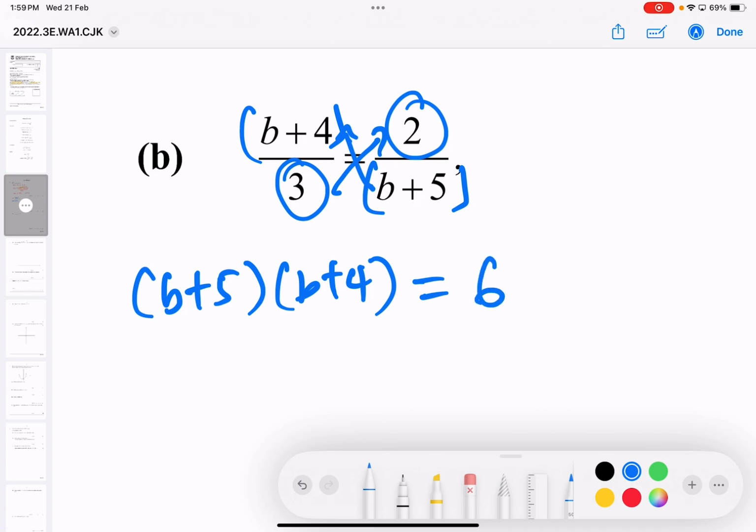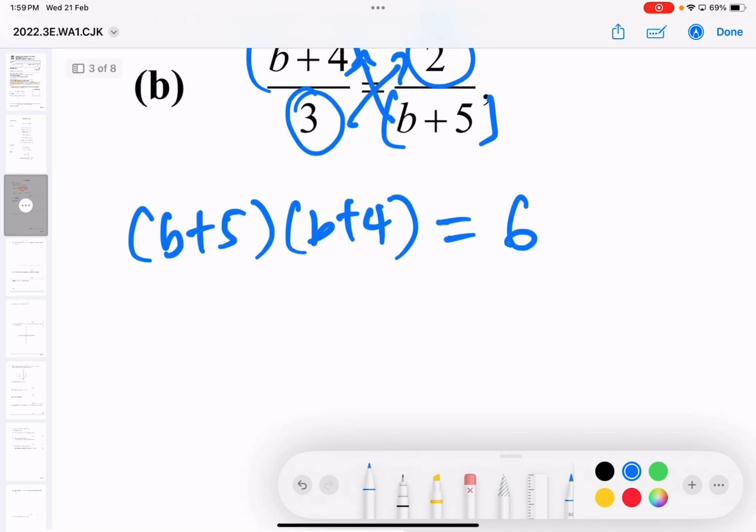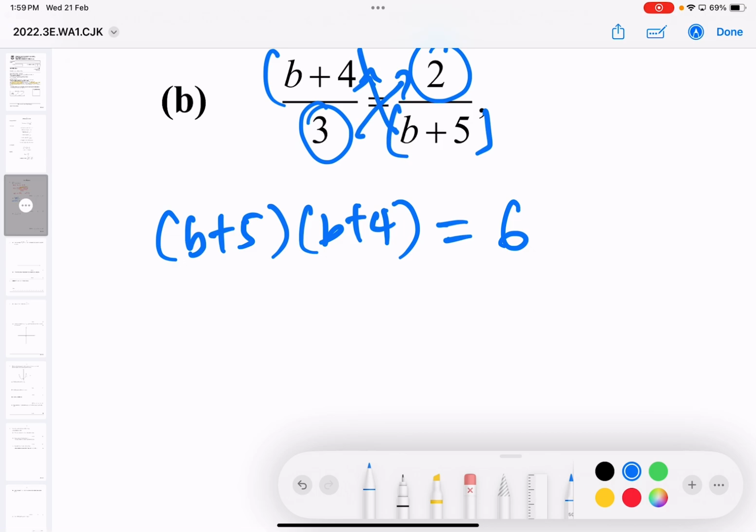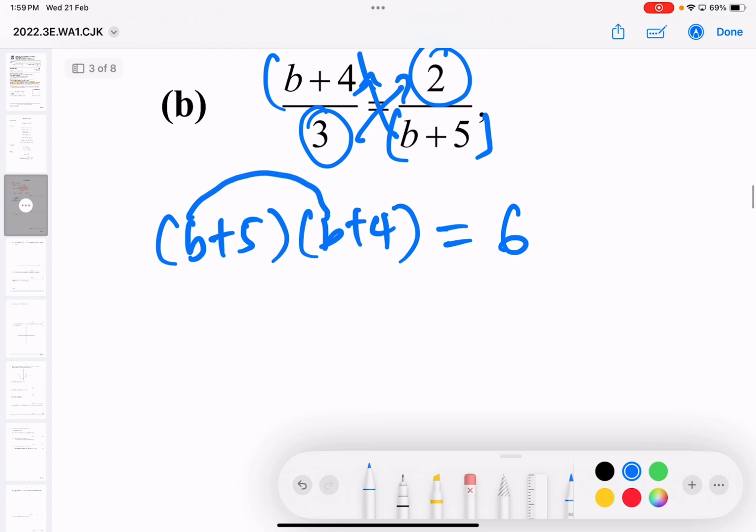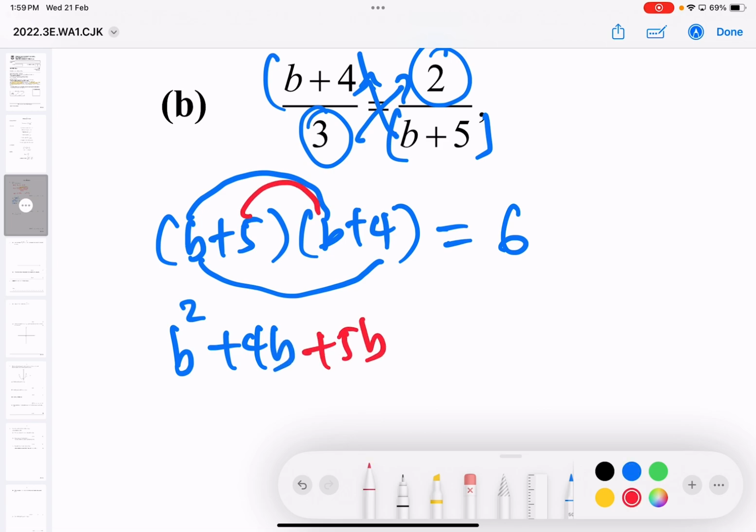So 2 times 3 gives me 6. The left hand side, I just need to do the rainbow method. What is the rainbow method? B times B, B square, B times 4 plus 4B, 5 times B, 5B, 5 times 4, 20 equals to 6.